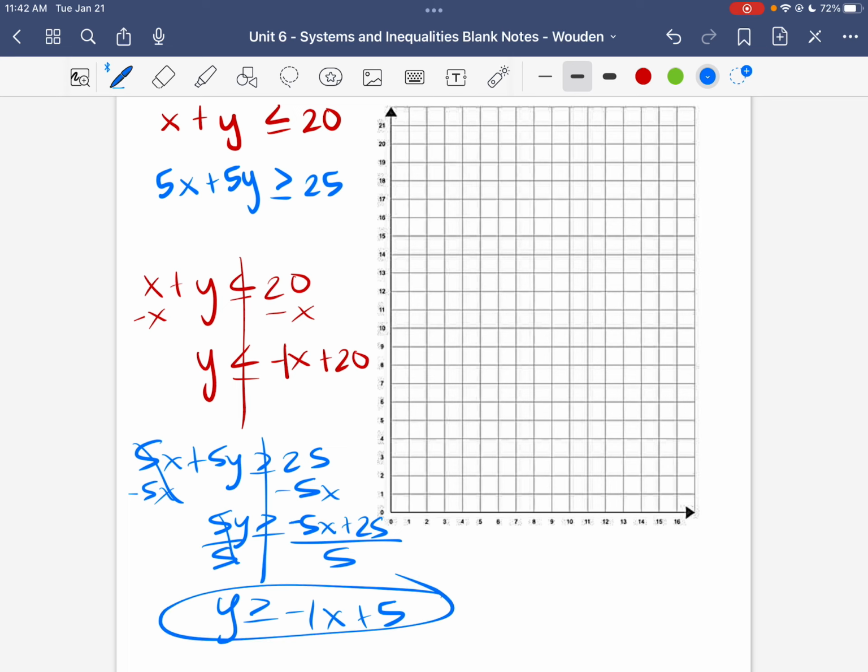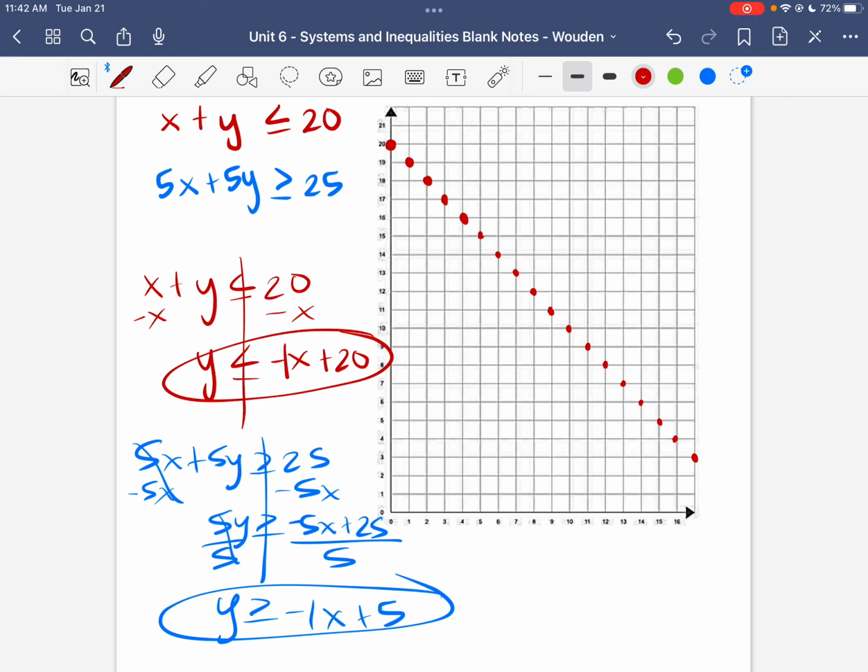Okay, here are my inequalities that I am working with. So my first one, my y-intercept is 20, and my slope is negative 1. So I go down 1 to the right one, down 1 to the right one. Okay, remember I want you to draw your points all the way to the edge of the plane.